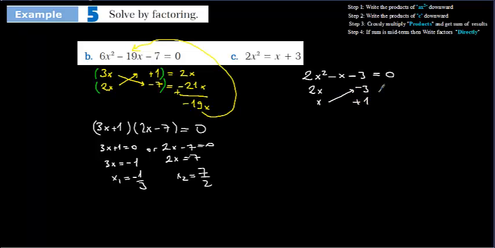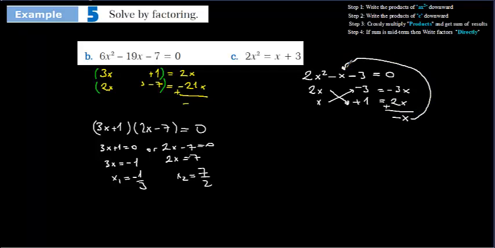When I crossly multiply, this is equal to minus 3x, and 2x times 1 is equal to 2x. When you get the sum, it's equal to minus x, which is the middle term. So our factorization is true. When we are getting the factors, 2x minus 3 times x plus 1 is equal to 0.